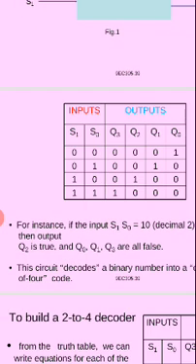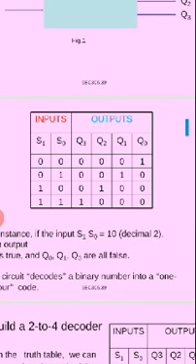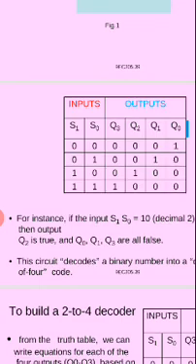For instance, if the input S1 S0 equal to 1 0, it is a decimal 2, then output Q2 is true and Q0, Q1, Q3 are all false.